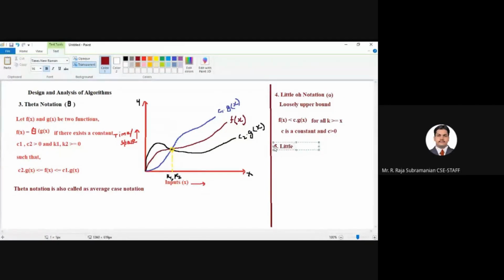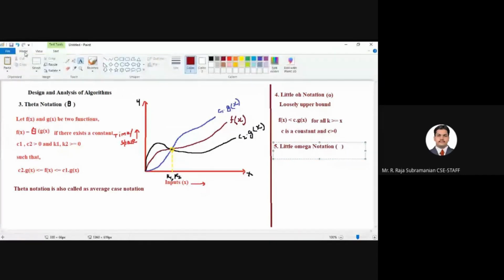Now you have to tell me what little omega notation is. Straightforward. f of x greater than c into g of x. Very good. So I'll draw the notation of little omega.